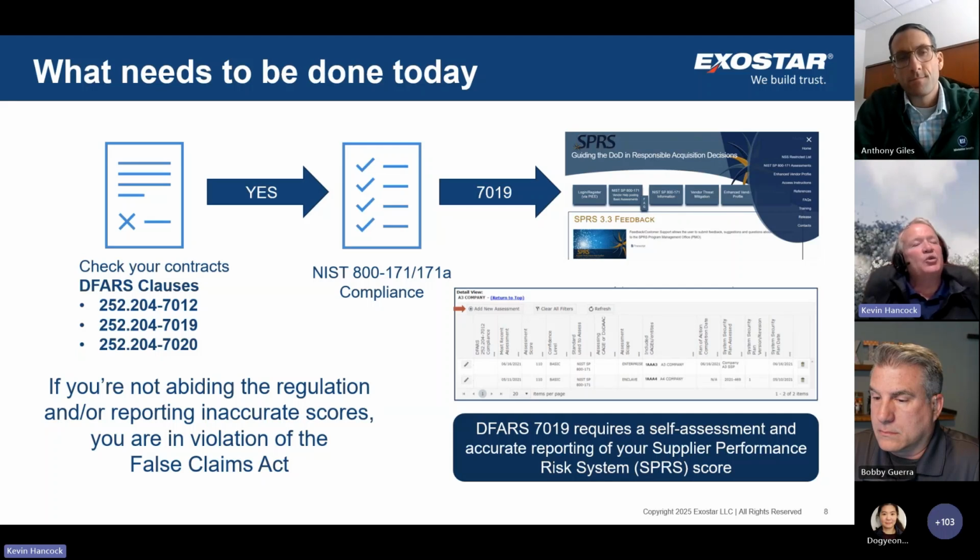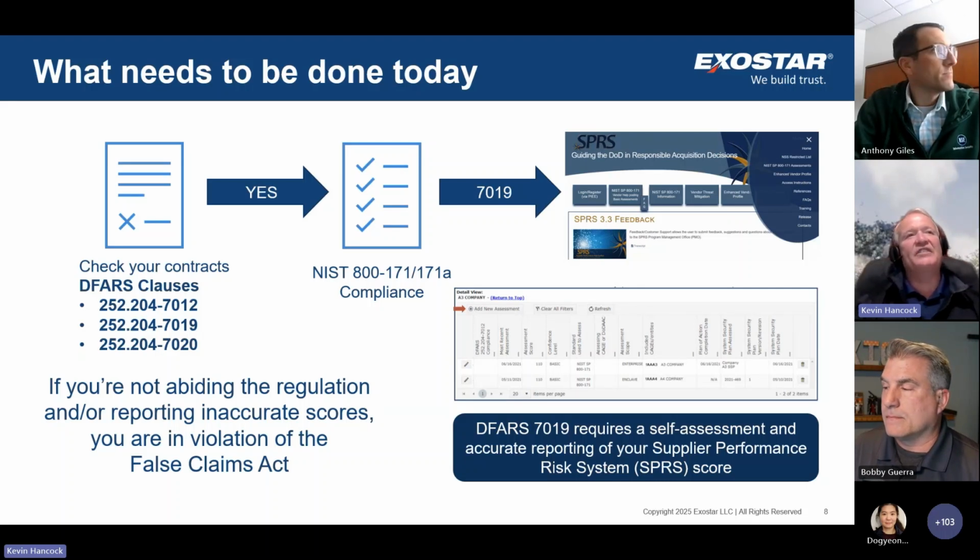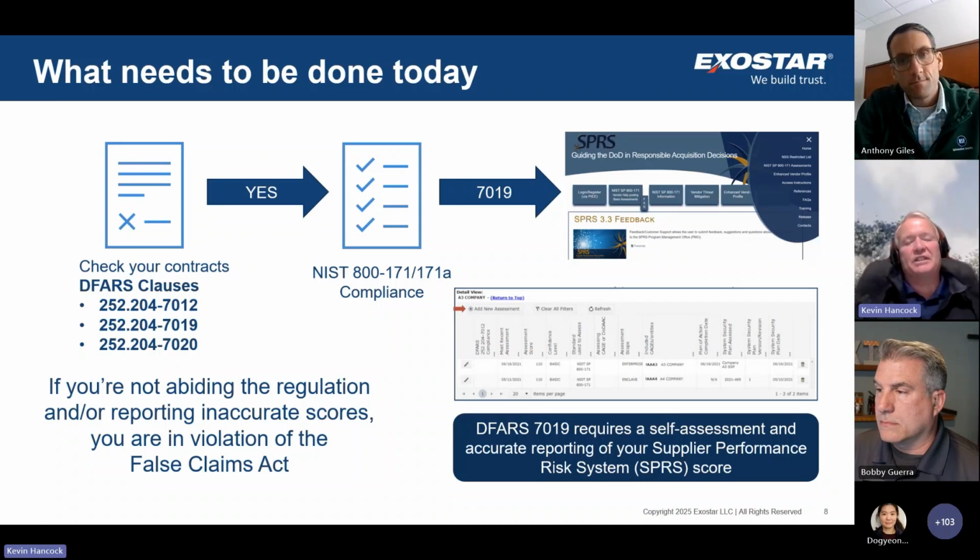You should continually update that score as you hopefully improve your posture if you don't have that 110 score when you first entered that into the SPRS system. So even though CMMC hasn't taken effect yet, you still do have some requirements around the protection of controlled unclassified information and how you need to protect that.